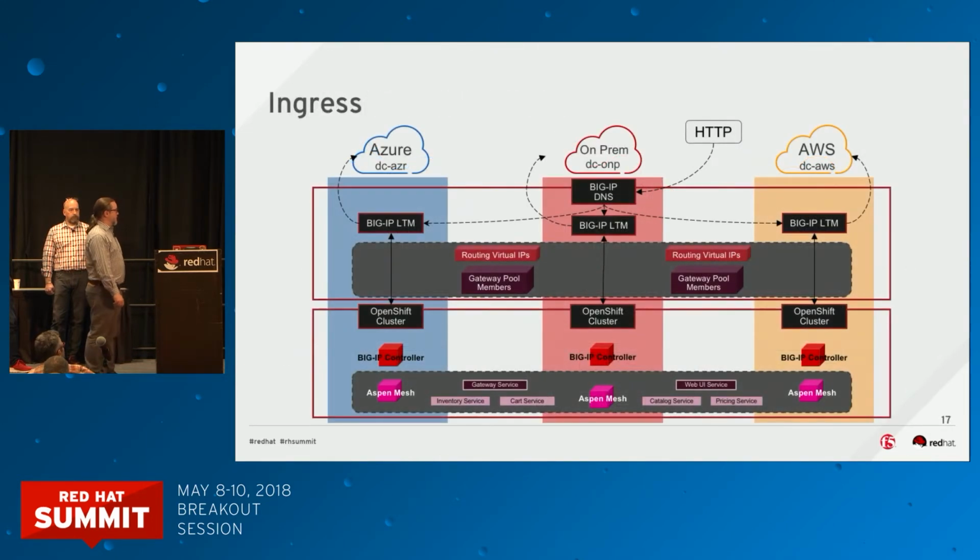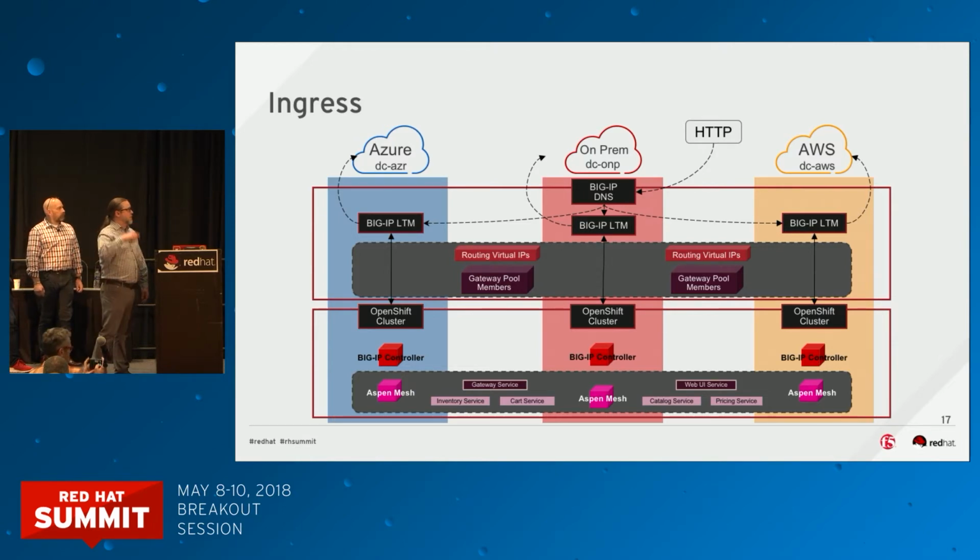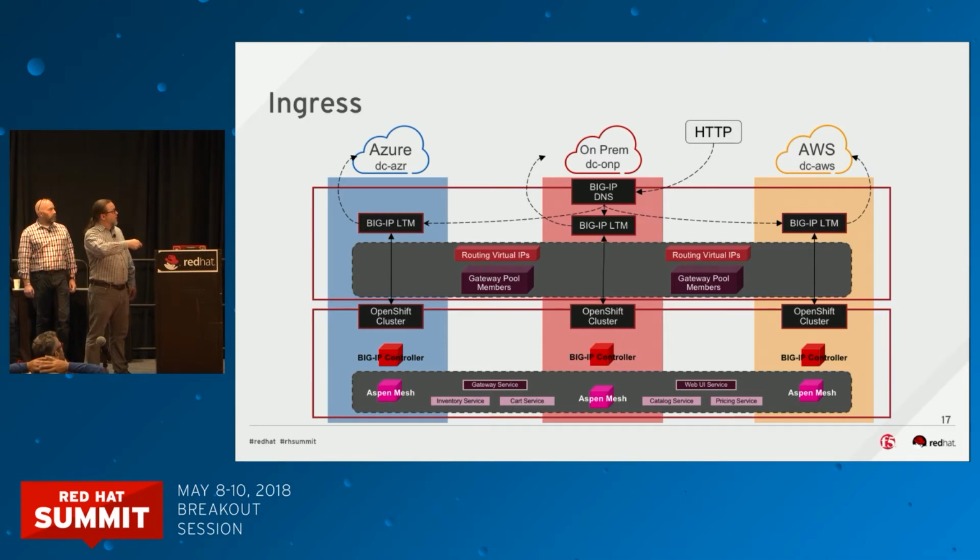If we look at general ingress, as things are coming in, you get an HTTP request that comes in, it hits the BIG-IP DNS. I was told this has a laser pointer, and it does. Awesome. And it hits the BIG-IP DNS, and that is reading from the BIG-IP LTMs, which in turn are getting information by way of the BIG-IP controller through each OpenShift cluster.